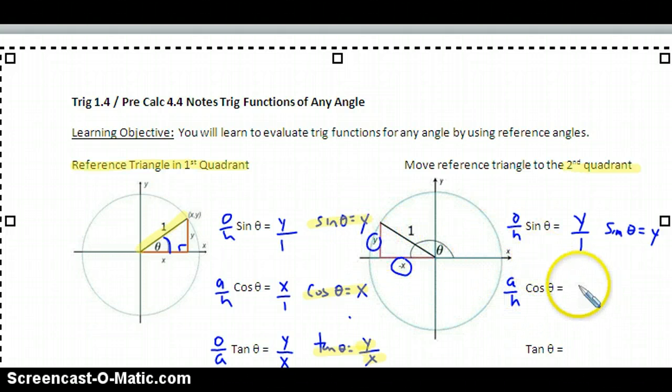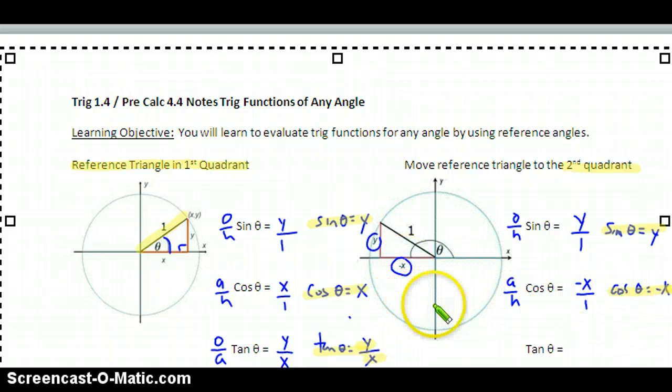Adjacent side would be negative x, and hypotenuse would be 1. So notice now that the cosine is equal to a negative x. Before it was equal to positive x. When I move it to the second quadrant, it's negative. Sine in the first quadrant is equal to y, and in the second quadrant, it's also equal to y. So those are the same, whereas cosine changes from positive to negative.